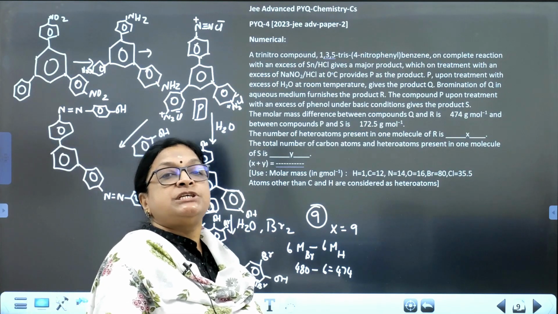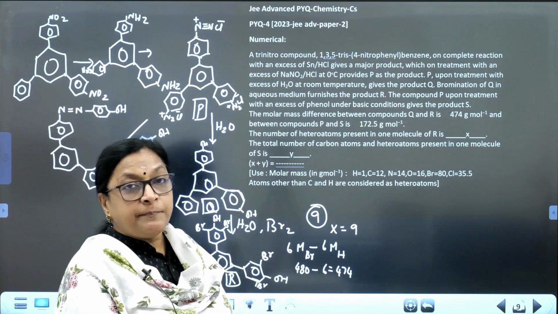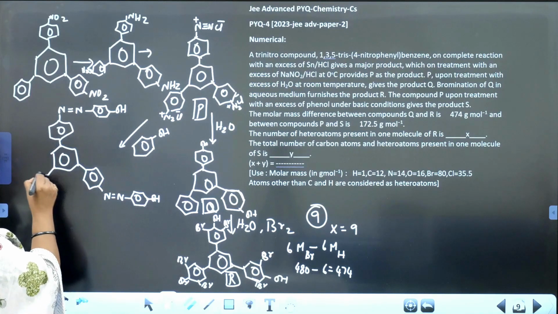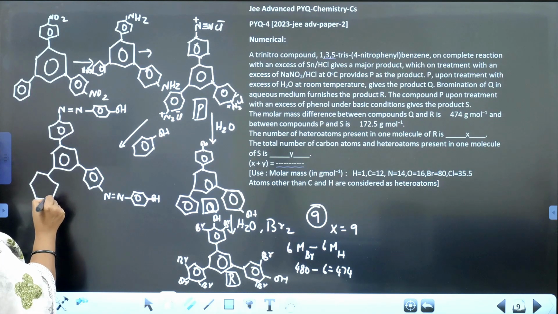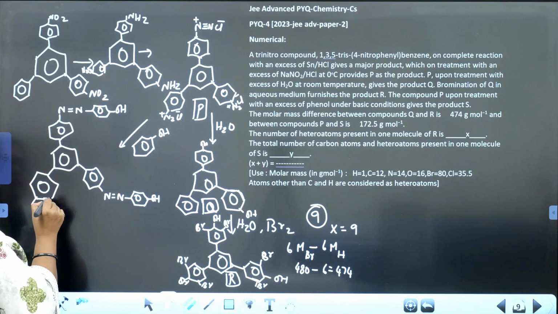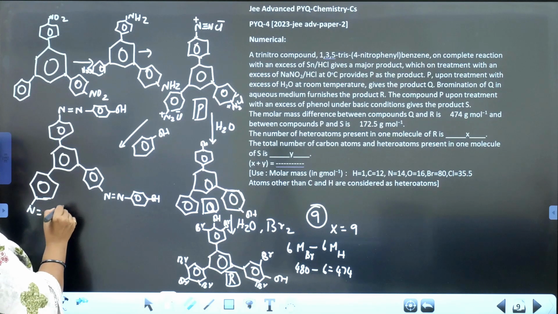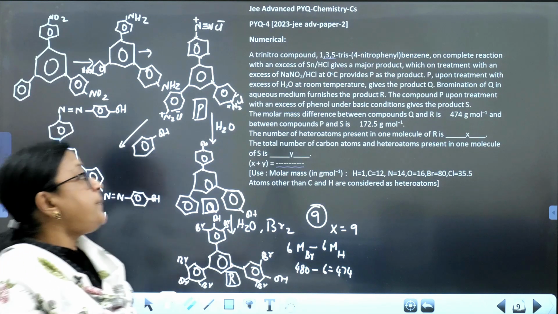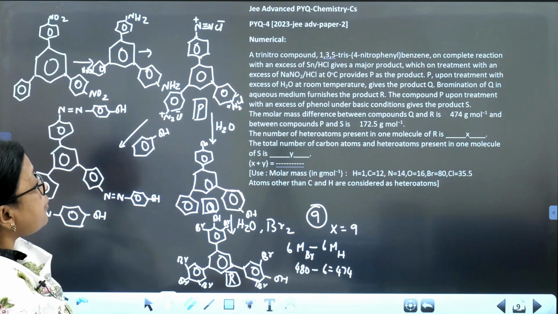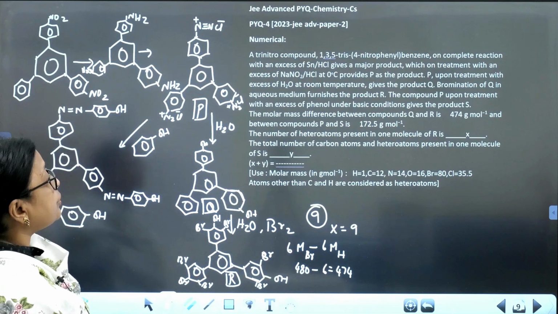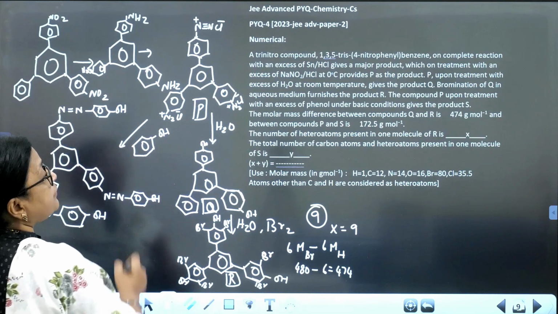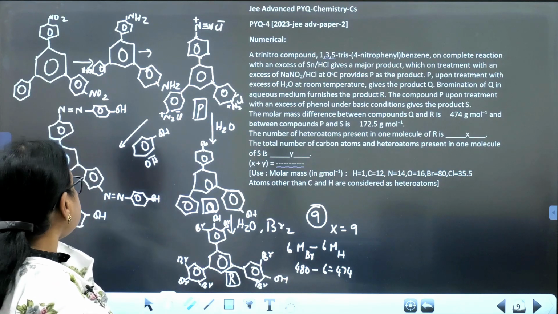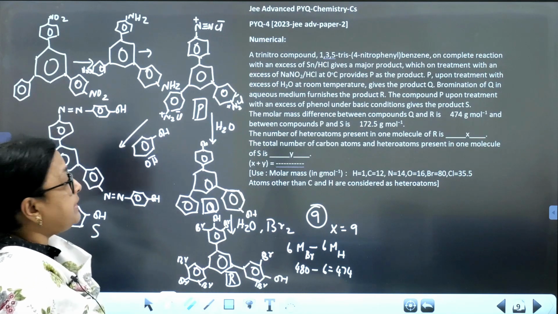If the para position is free, coupling will take place at the para position of phenol due to steric reasons. And coming to the fifth carbon again, you have benzene, and here you have N double bond N, and you put this OH group here. And this compound is called R. This compound is called S. The compound P on treatment with excess of phenol under basic conditions gives the product S. This is the product S, coupling reaction.